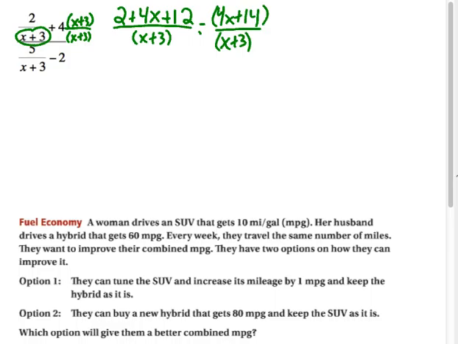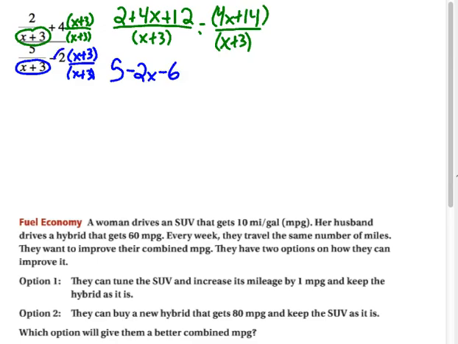Now, let's take a look at the bottom. The bottom has that same fraction. So that 2 down there is going to need the x plus 3 over x plus 3. So that's going to be 5 minus 2x minus 6.